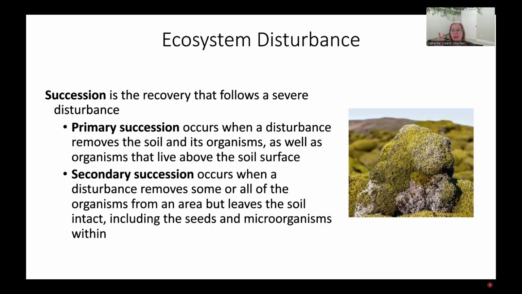One is primary, and that is when the disturbance is so bad, everything is wiped out. So, like, not only the plants and animals are gone, but the soil and all of the microbes, like, everything is gone. This happens less often, and it's really severe. So, examples are a volcanic eruption.